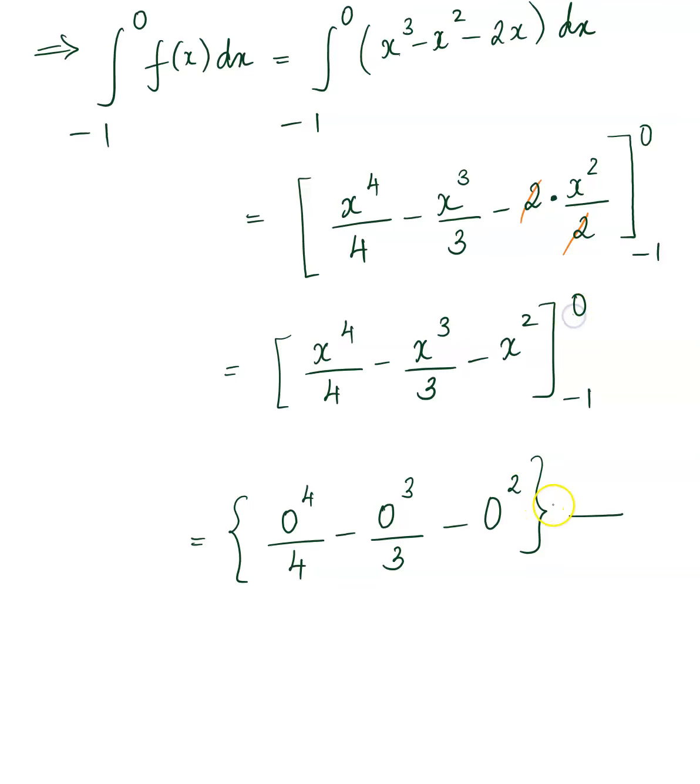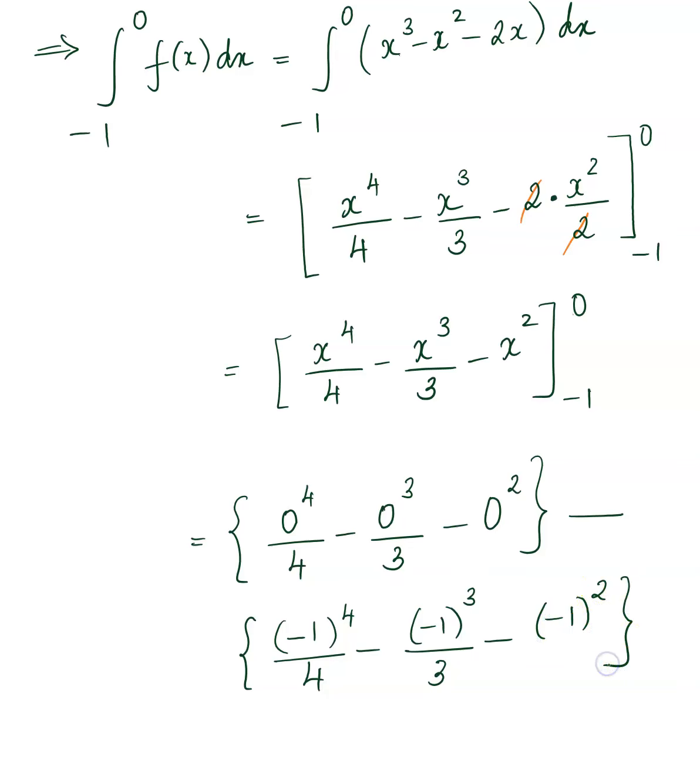So upper limit minus the lower limit. That's negative 1. Please remember to put parentheses around negative 1 before you take the power, because you'll see that because the powers are even and odd, it will begin to matter if we did not use the parentheses. Are you with me on this?